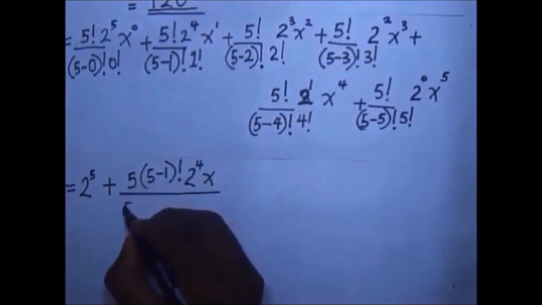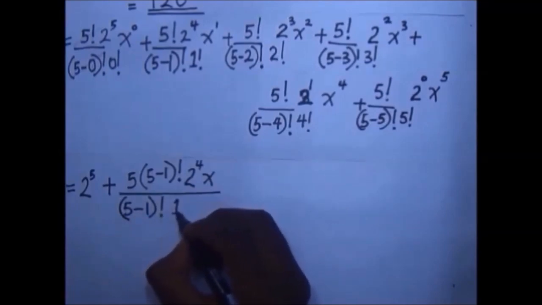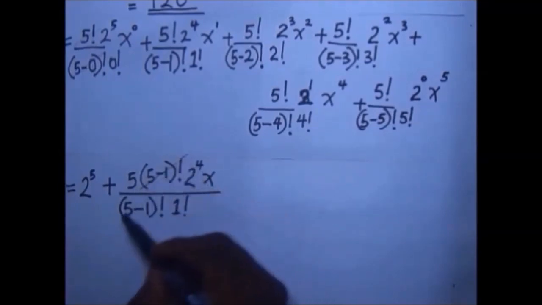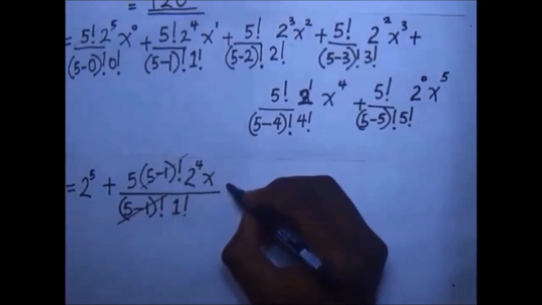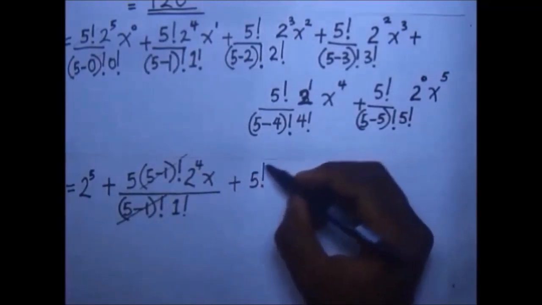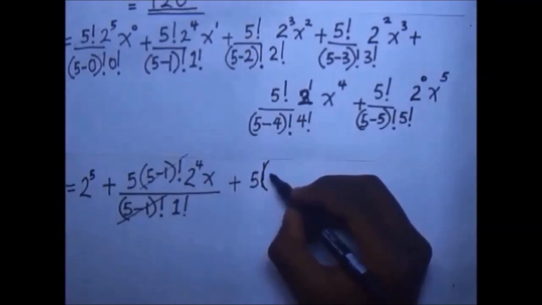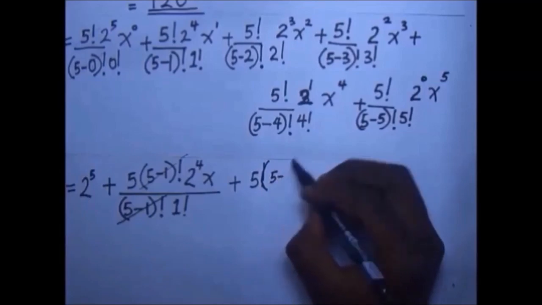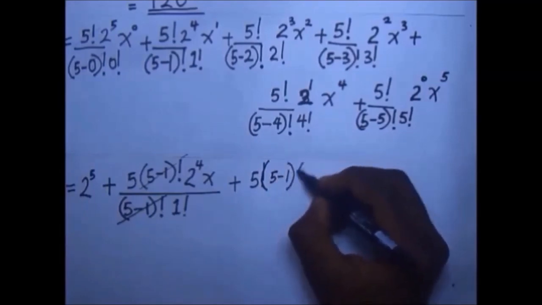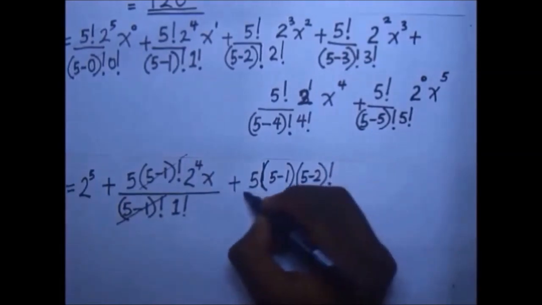Divide all that by 5 minus 1 factorial times 1 factorial. This will disappear with that. We continue, plus 5 factorial, which is the same as 5 into 5 minus 1 times 5 minus 2 factorial.